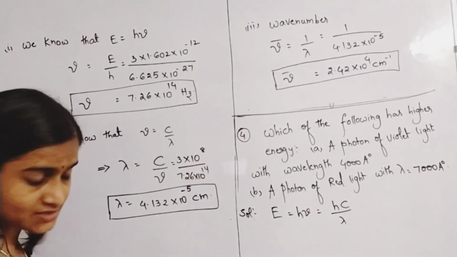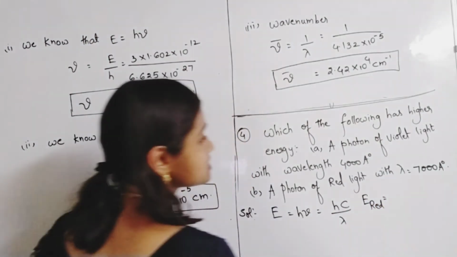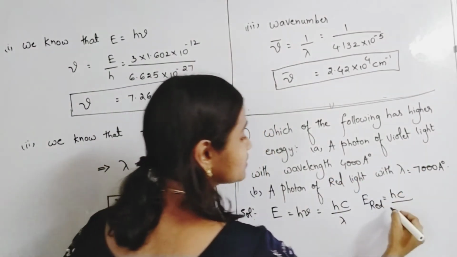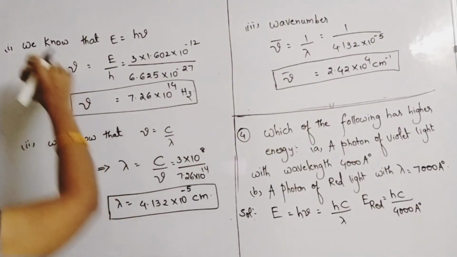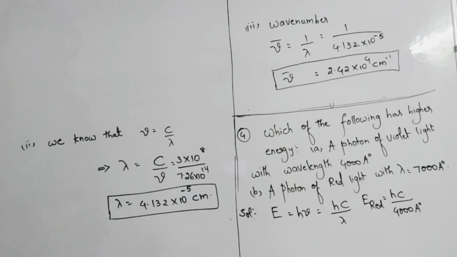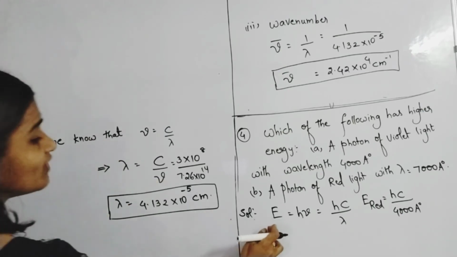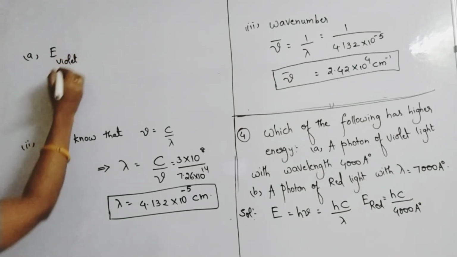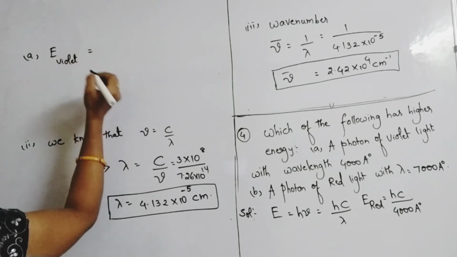So let us do it for the violet light first. H value is fixed. Here I am writing E violet: energy of a photon of violet light is hc by 4000 angstroms.